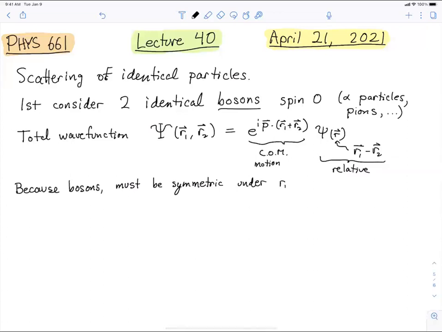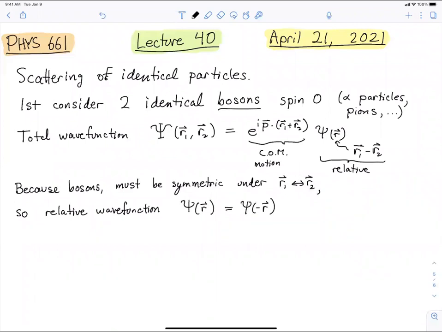So if I take the coordinate describing particle 1 and I interchange with the coordinate describing particle 2, it should be symmetric under that. And so that means that the relative wave function has to obey that if I replace r by minus r, I get back the same thing.